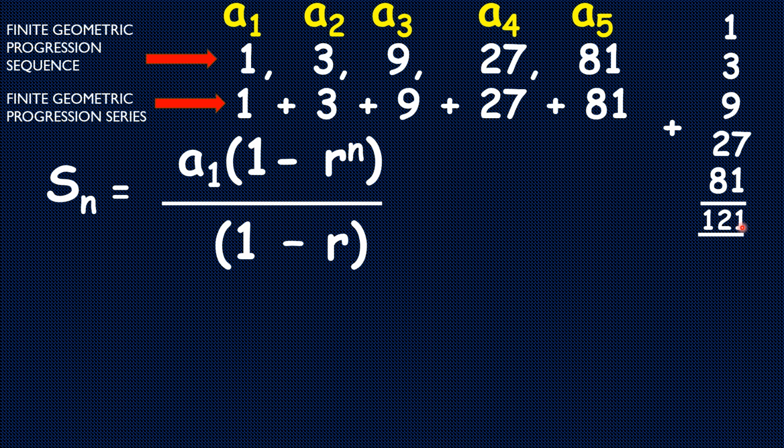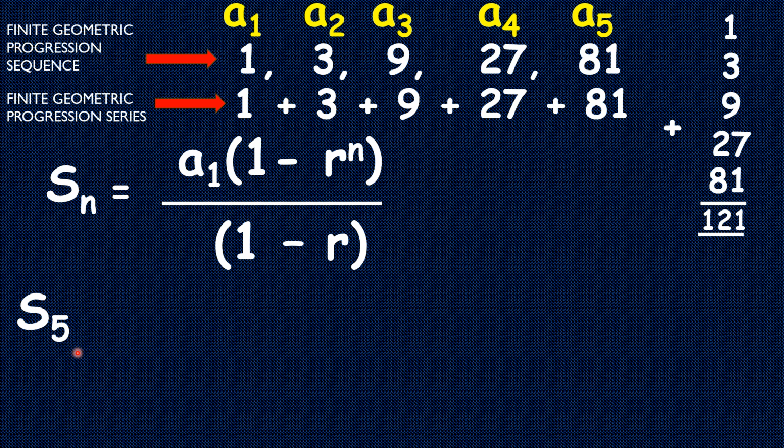And that sum of n terms for a finite geometric progression, either as a sequence or series, is equals to a1, which is the first term, into the bracket 1 minus r, r being the common ratio, raised to power n, n being the number of terms, all divided by 1 minus r.